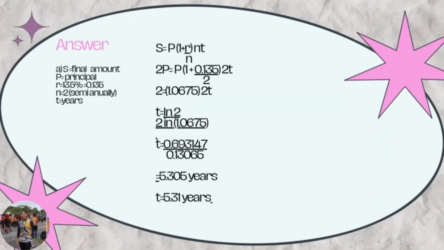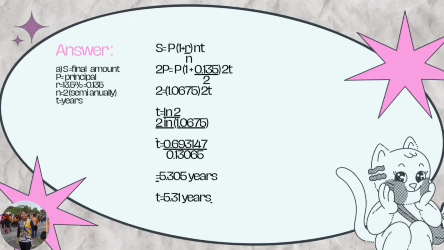We can use the compound interest formula. First, define the variables. P principal amount was 12,300. For rate 13.5% will change to 0.135. Compounding period per year, annual. 2 semi-future value.